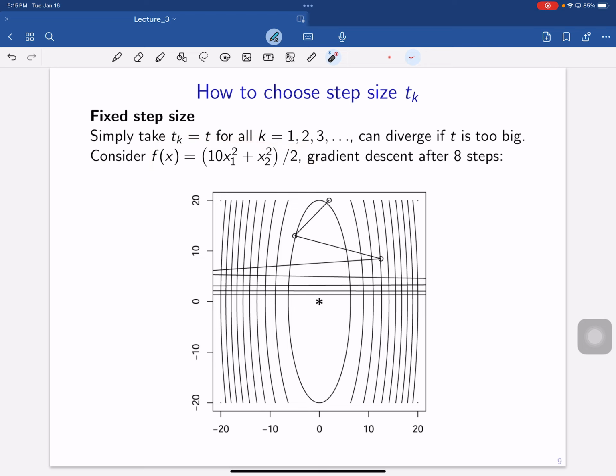And if you use a fixed step size, you can see that these points will be jumping around. And after 8 steps, it doesn't converge. It kind of deviates from the global optimum here, right? So that's just a way of showing if you choose a very bad step size, things can go wrong, okay?